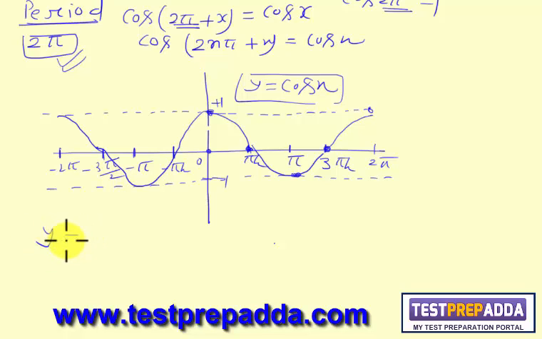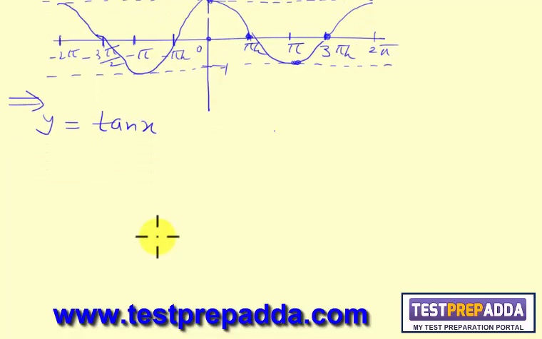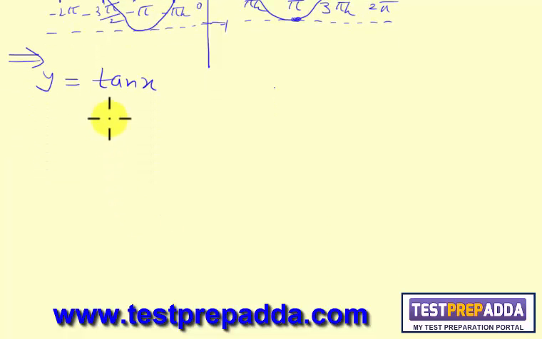y is equal to tan x, another trigonometric function. Here, since tan x is sin x upon cos x, the denominator has cos x and the denominator cannot be 0.